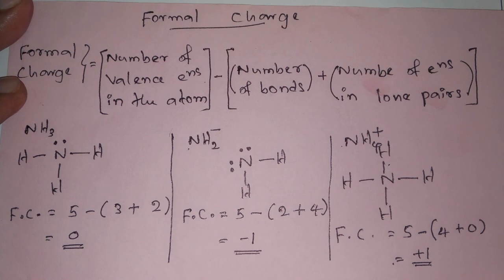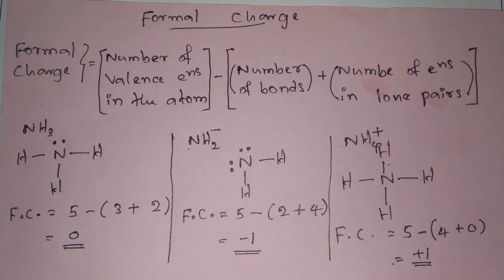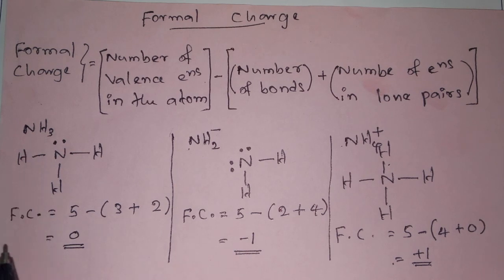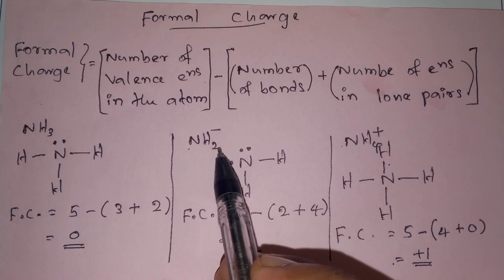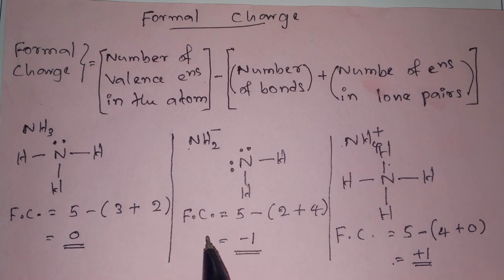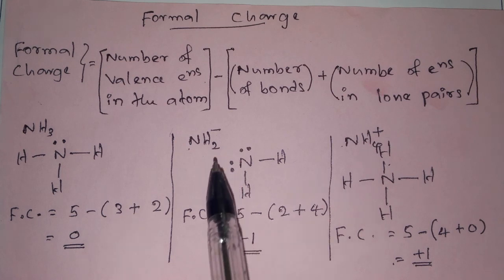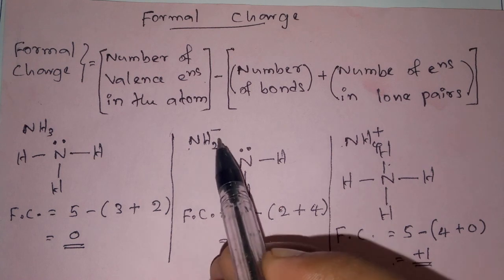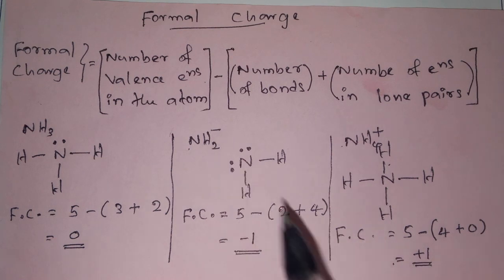And you can see that in a neutral molecule, the sum of all the formal charges should be equal to 0. And in a negative ion, when we add all the formal charges, the sum should be equal to the negative charge of the ion.